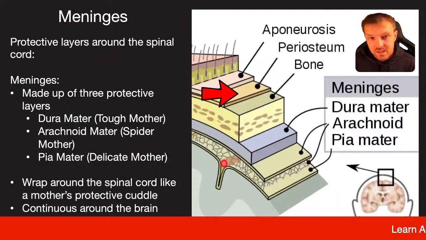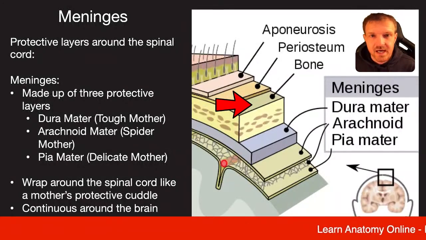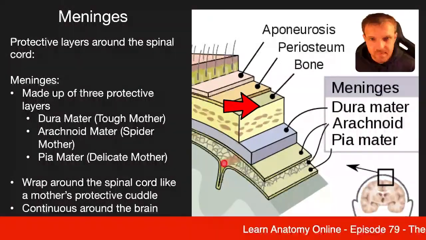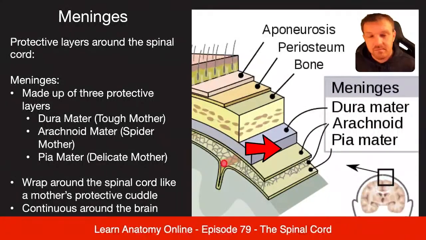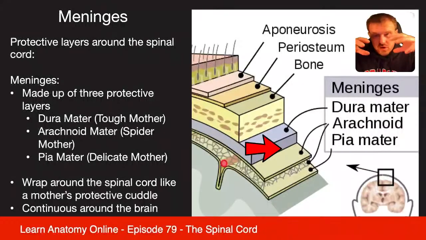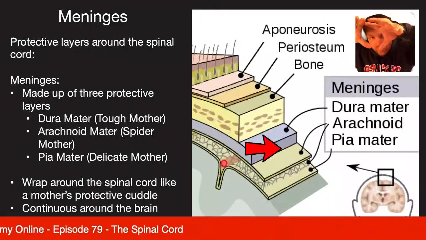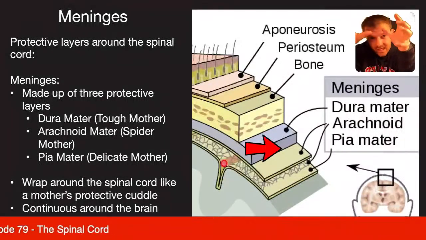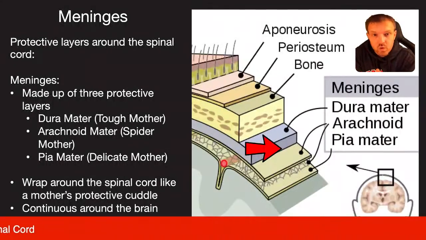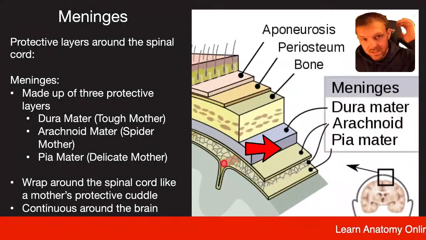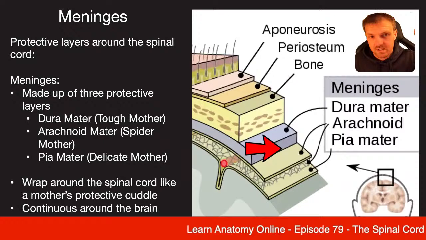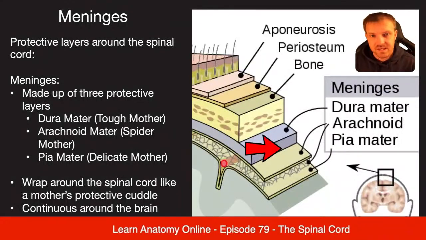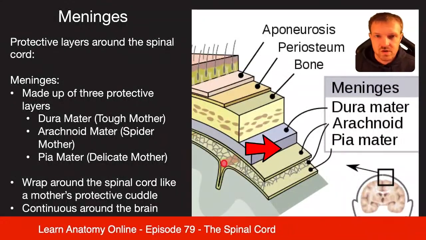Then you've got the bone, so this is in the skull, well, periosteum first, then the bone, and then you've got the layers of the meninges. So these are just underneath your skull, and they'll wrap around the brain and then envelop the spinal cord all the way down. This is one of the reasons why meningitis is so dangerous, because it has access to your whole nervous system, and if there's an infection in there, then it can just spread.